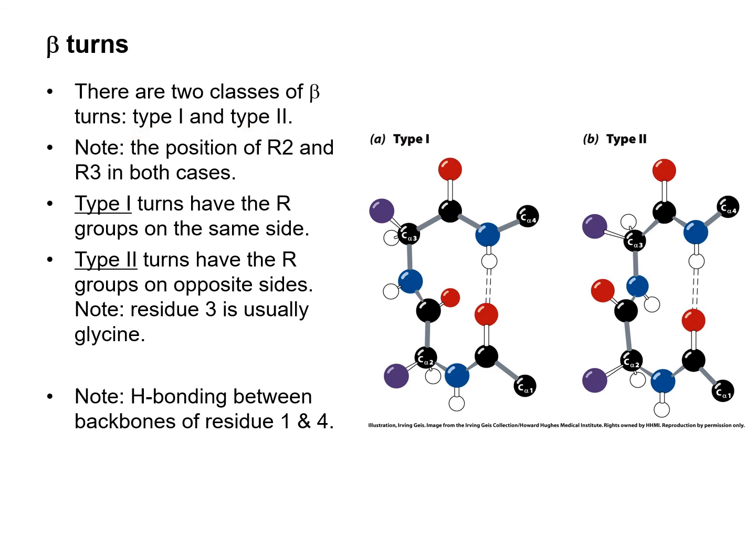So the type 1 turn has the R groups on the same side for R2 and R3, as you can see here on the back side, as opposed to type 2, which has these R groups on opposite sides. And residue 3 is usually glycine too. And please note that the hydrogen bonding between backbones is formed between the first residue and the last one.